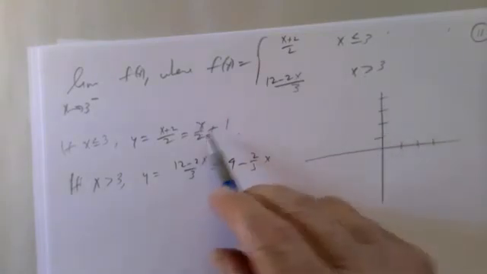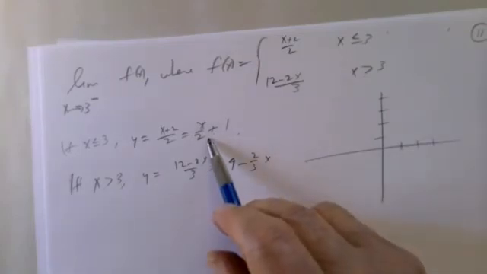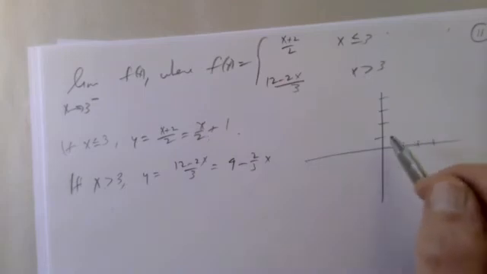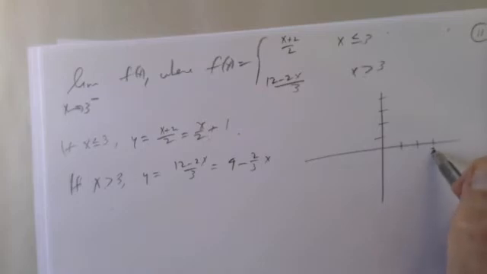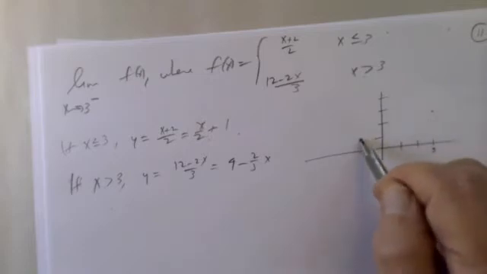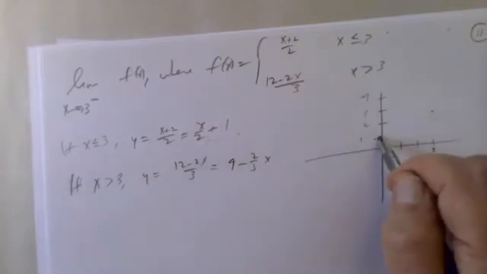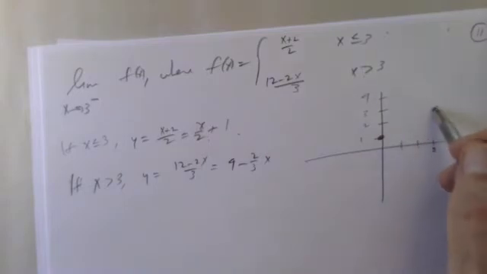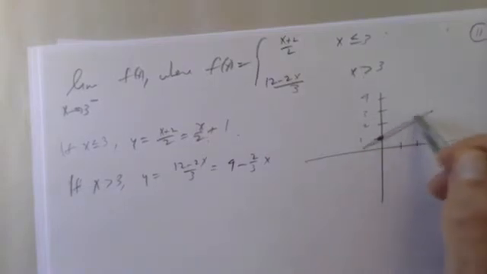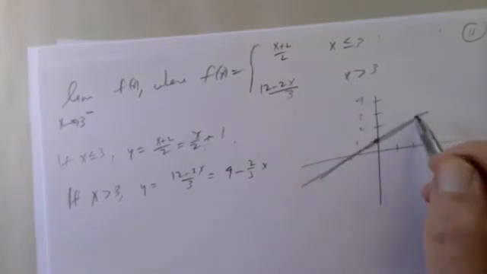So when x is less than or equal to 3, this is the straight line, 1 plus x over 2. When x is equal to 3, this is equal to 5/2. When x is equal to 0, it's 1. So for x less than or equal to 3, it's this straight line.